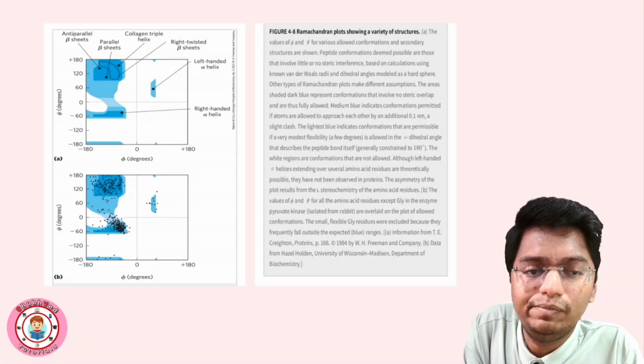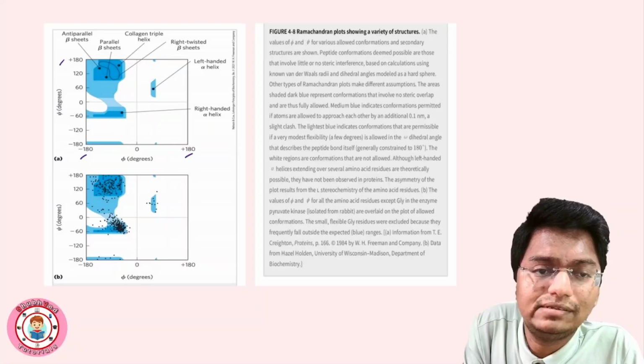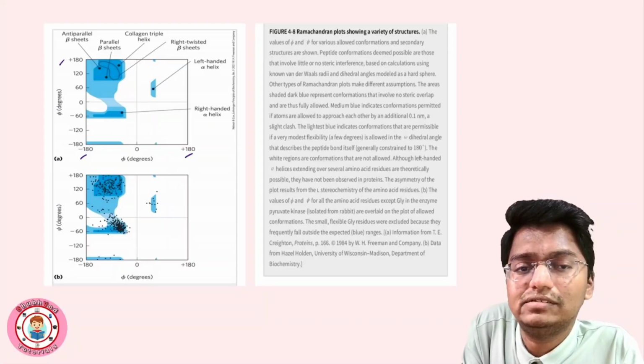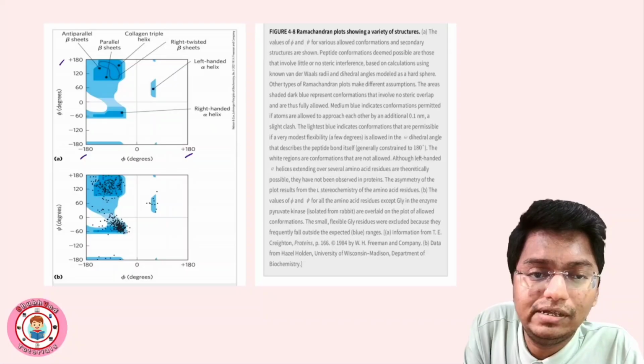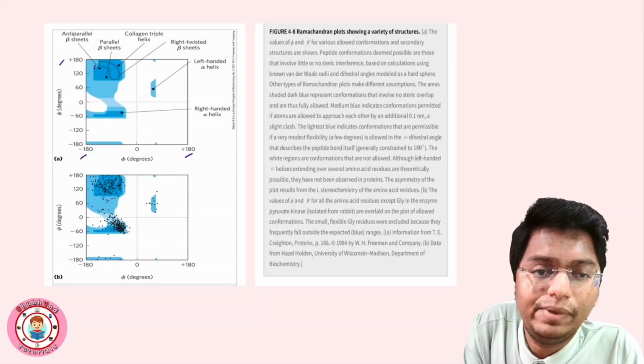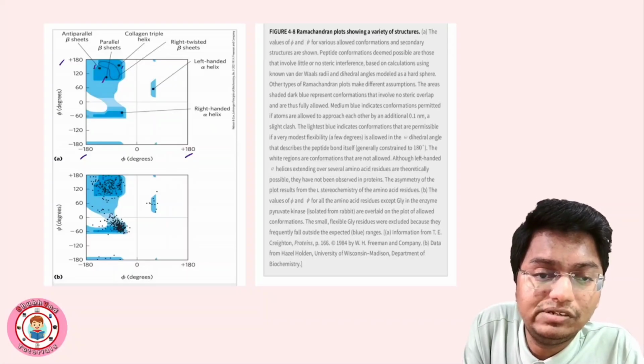You can see plot किया है -180 to +180, right, on both the axes, x-axis, y-axis. So you have to remember this. Anti-parallel beta sheet कहाँ पे आते हैं? Parallel वाला. Okay, exact points you have to remember. Then collagen triple helix. You can see, right, twisted beta sheet. यहाँ पे पूरा ये जो है is this one.